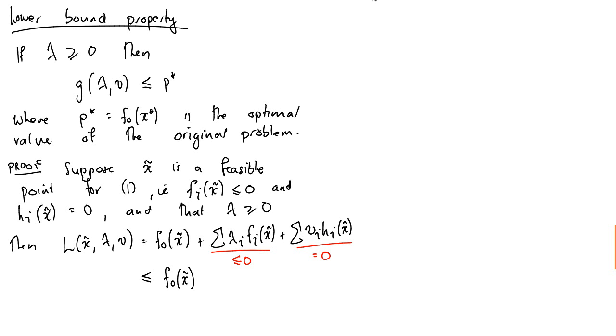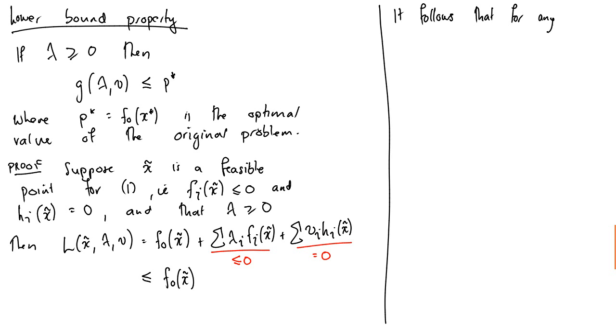So we can follow that up by saying it follows that for any feasible point, and lambda greater than or equal to 0, that g of lambda and nu, which equals the infimum over x of L of x, lambda and nu, has got to be less than or equal to this one here, because that's just a particular value of x.